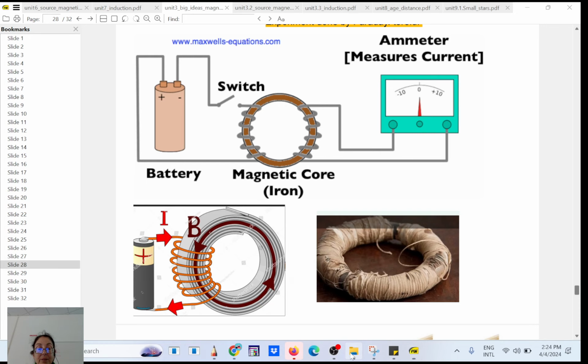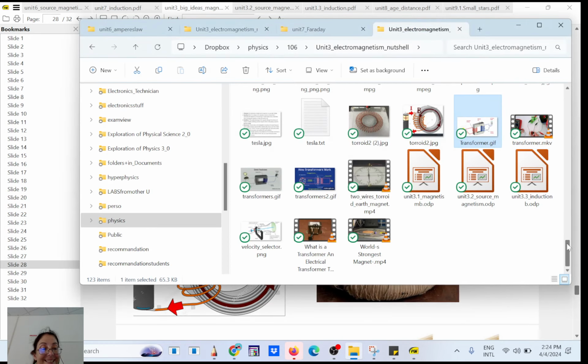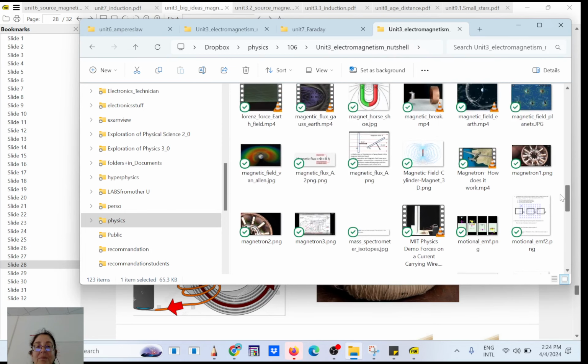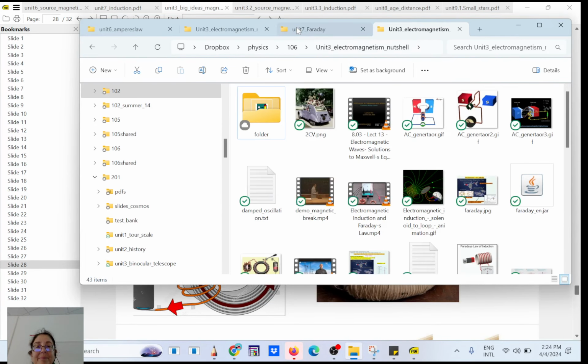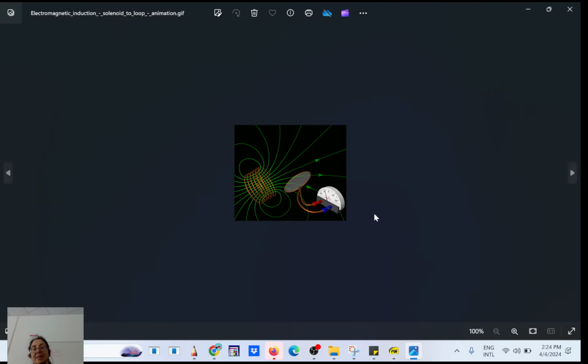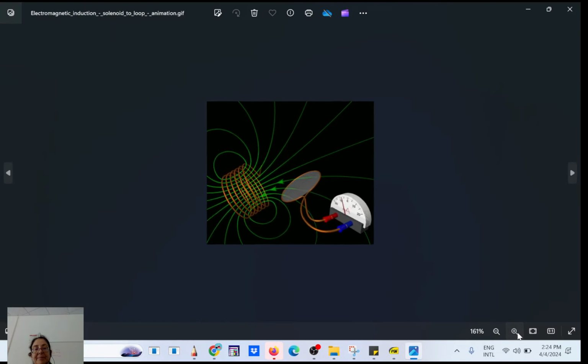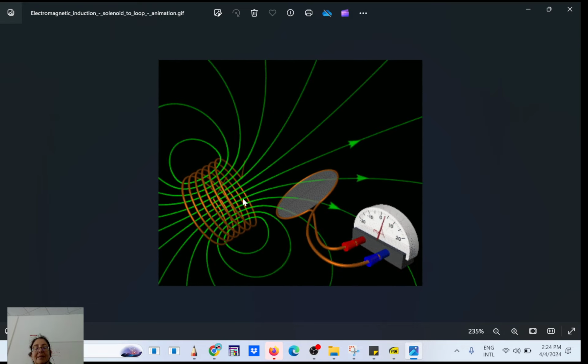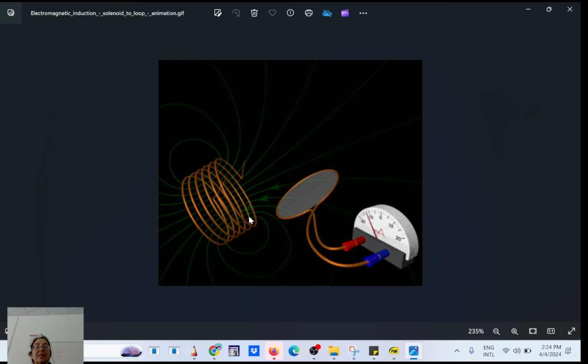I think I had another GIF. This one, look. So turn off, turn on. So this is an electromagnet.